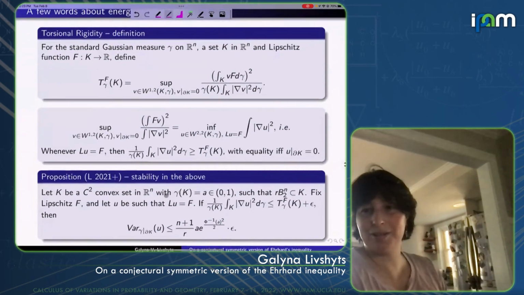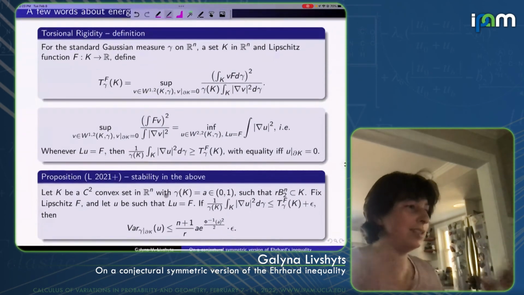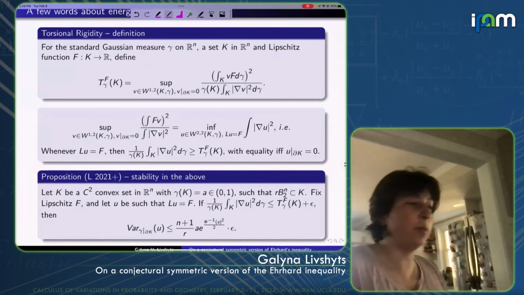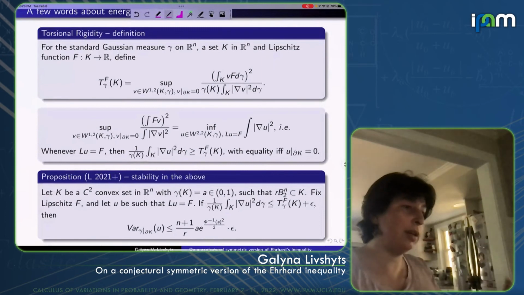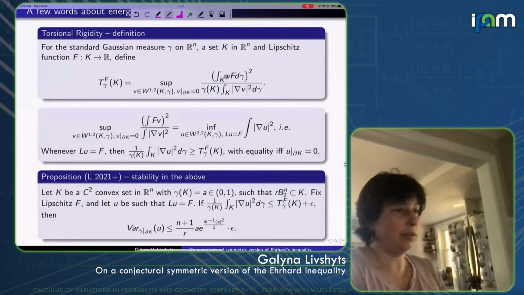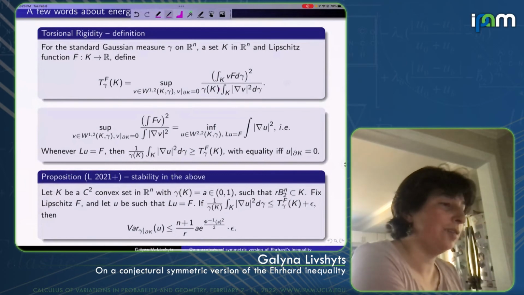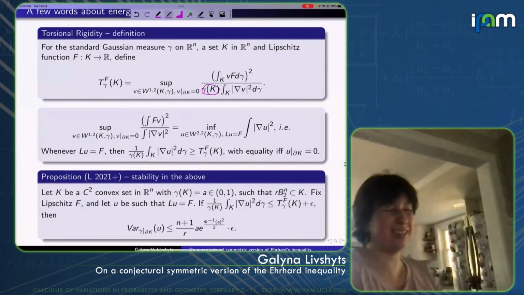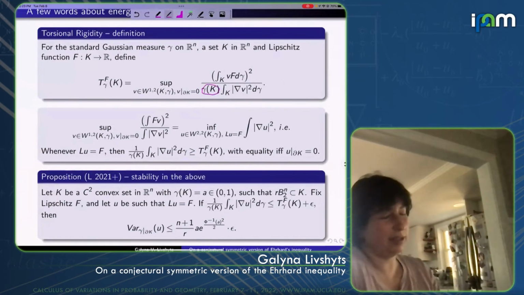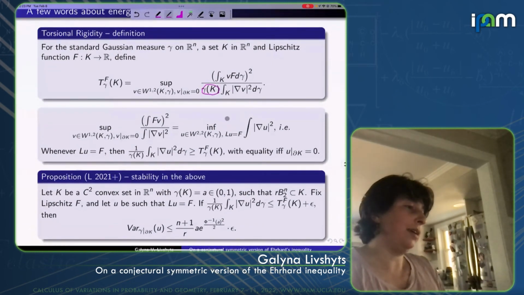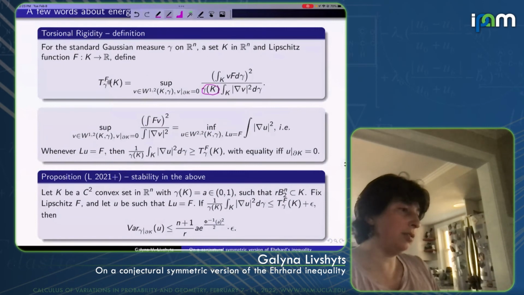We know from Olli's talk yesterday about torsional rigidity, right? Torsional rigidity is defined as here. It's a supremum over all functions that are zero on the boundary of this integral expression. I define it with a normalization constant here; it's not exactly a good way to do it, in our paper it was different, but in any case it's not very important.